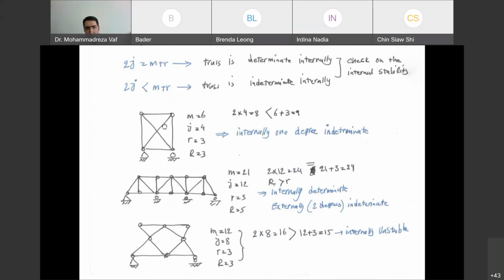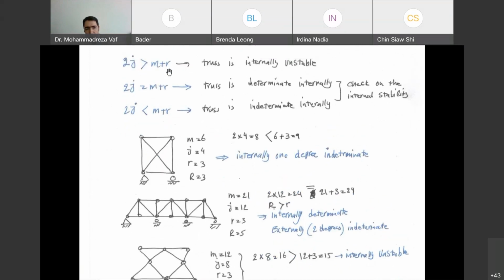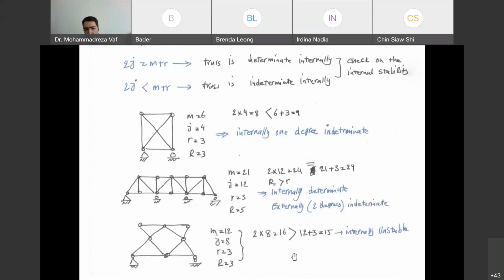If you have watched the video, I've mentioned that R is always equal to 3 for plane trusses. So 2J means 2 multiplied by 8 becomes 16. And M plus R is 12 plus 3, which is 15. So you can see 2J is larger than M plus R. That means this truss is internally unstable.